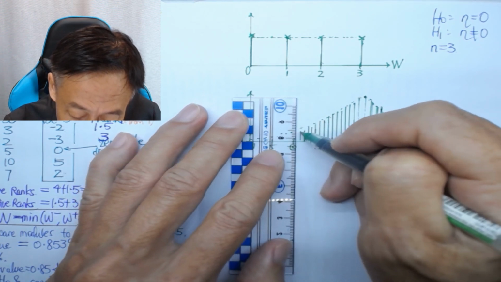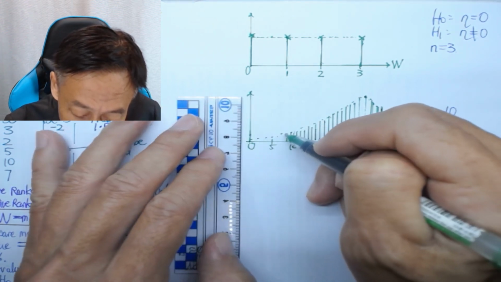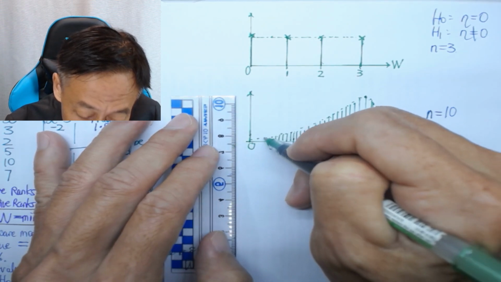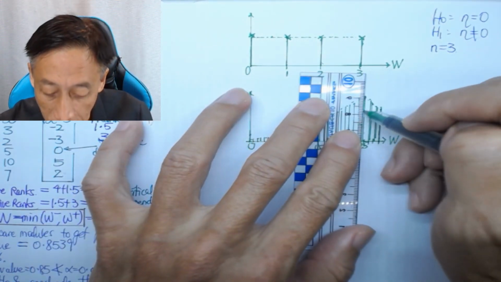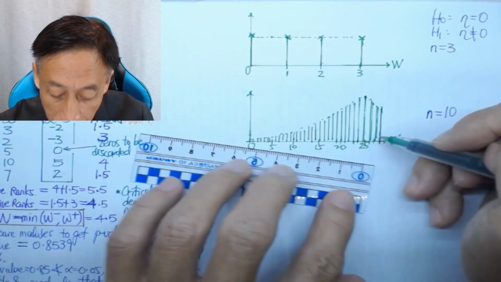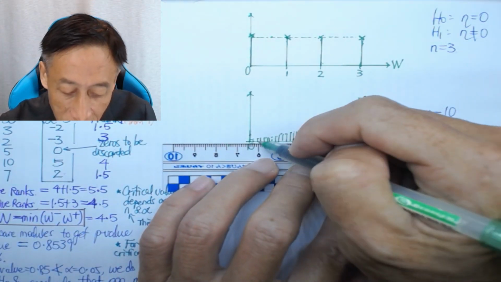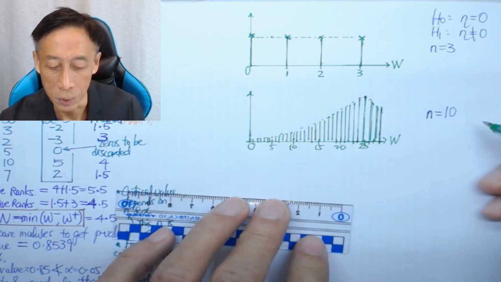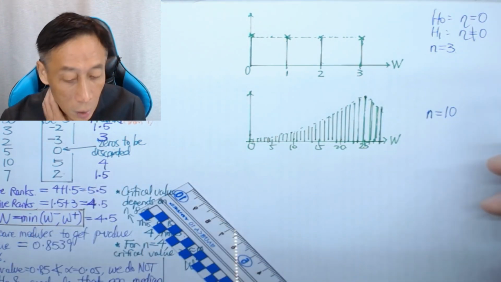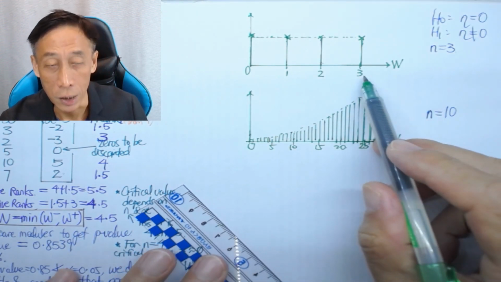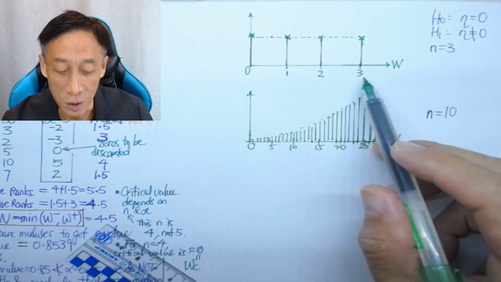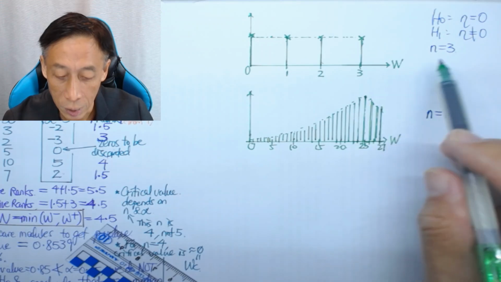Just in case I didn't illustrate it very clearly, all the vertical bars lie on integer points on the w-axis. So that fact hasn't changed when we increase sample size. Okay, but as we can notice, the range stretches. At first it's finite, 0, 1, 2, 3, because n is 3.